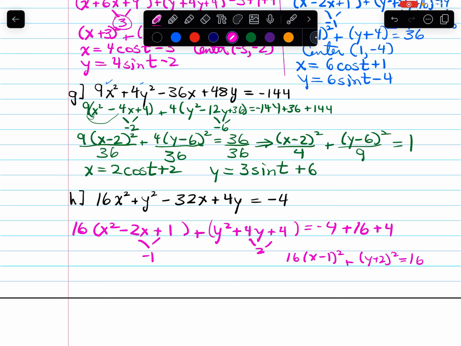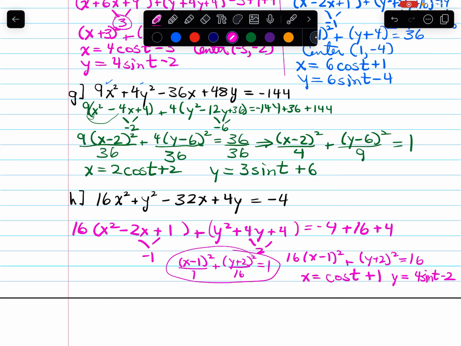If you divide through by 16, what you get is (x minus 1) squared over 1, and then (y plus 2) squared over 16 equals 1. There's your equation. Now for the parametric, you've got x equals cosine t plus 1, and y equals 4 sine t minus 2. There it is.